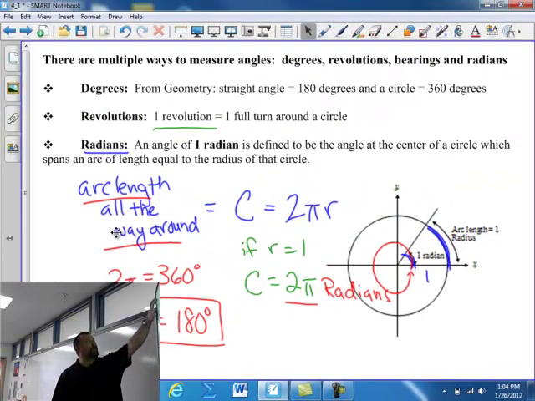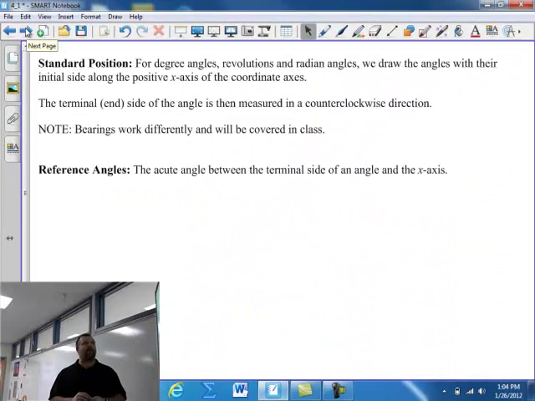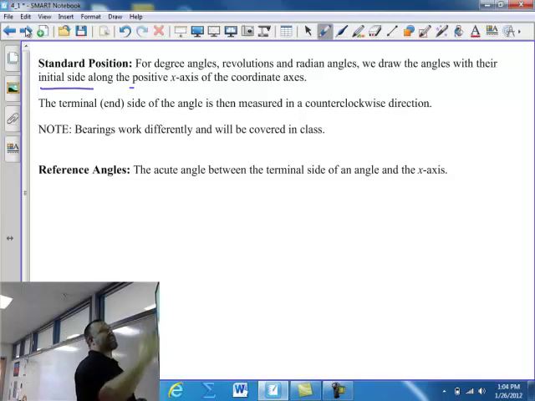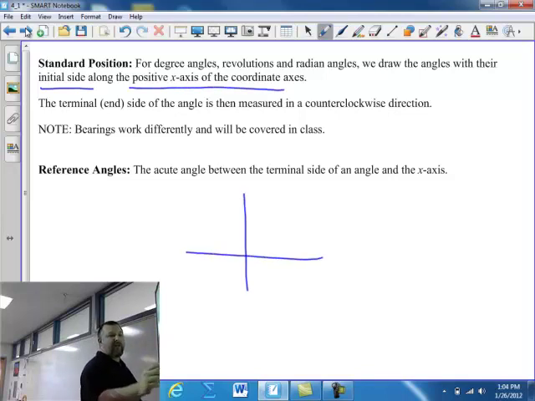Okay, now, a couple of little vocabulary words before we get going any further with this. Standard position. For angles, revolutions, radian angles, pretty much everything except for bearings, we're going to have a standard position where the initial side of the angle is the positive x-axis. What that means is our initial side is always going to start over here.